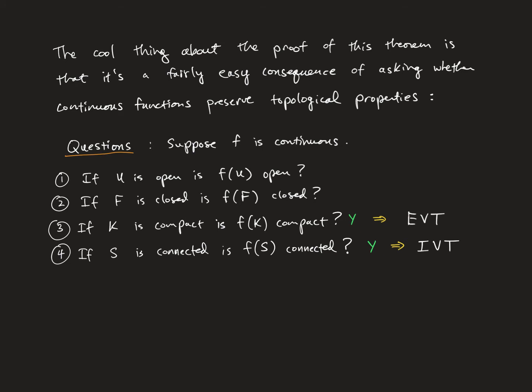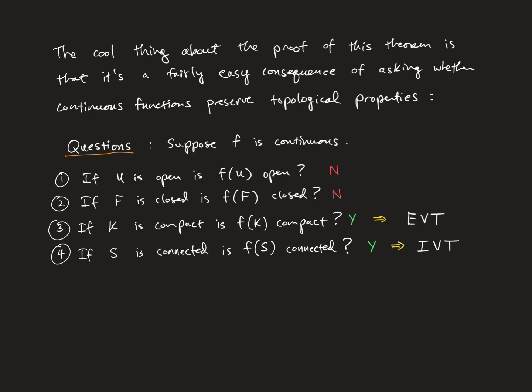Okay, so we have 2 value theorems, extreme value theorem and intermediate value theorem, both implied by these rather natural questions about how continuity interacts with certain topological notions. As for 1 and 2, these are easily seen to be no. Just some exercises for you.